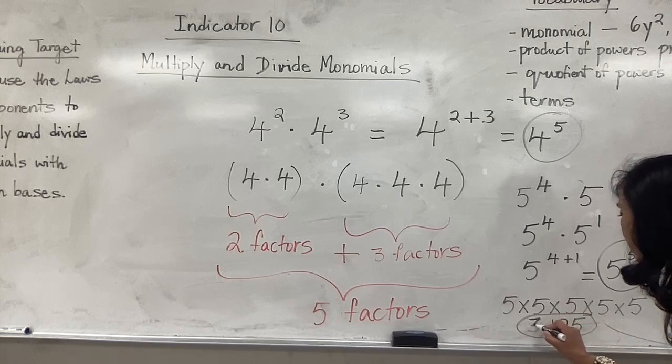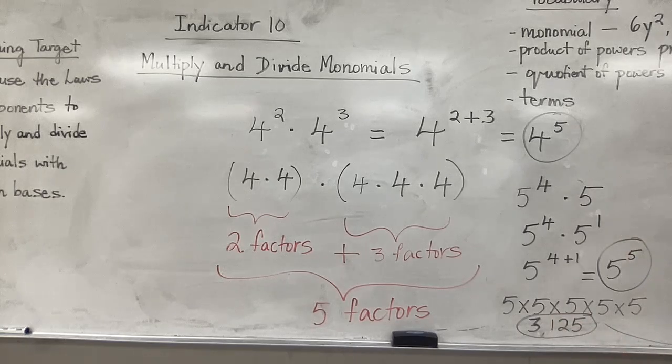Okay, so 5 to the fourth power times 5 is equal to 5 to the fifth power as an exponent. Okay, let's talk about another example like this.